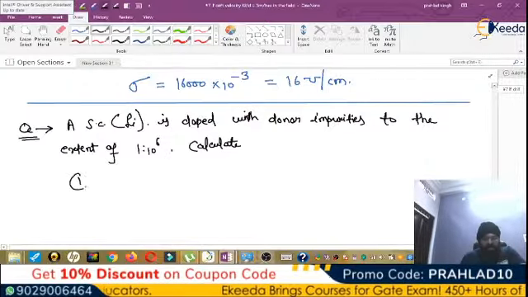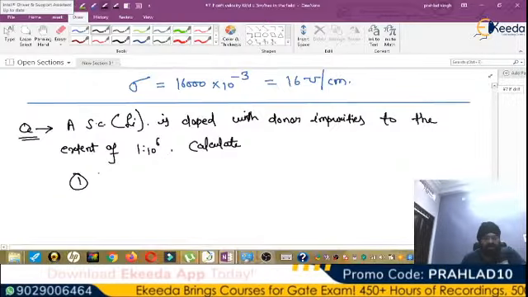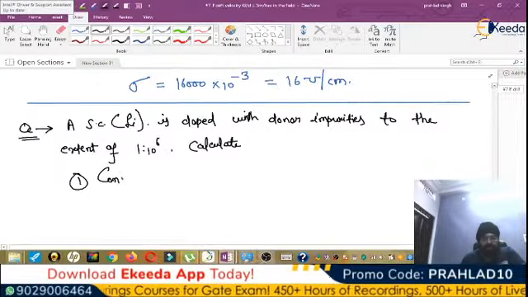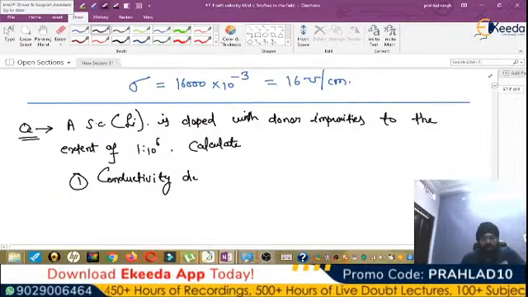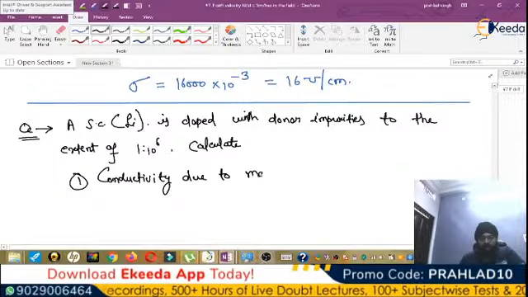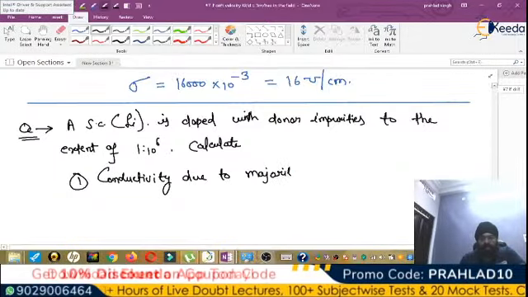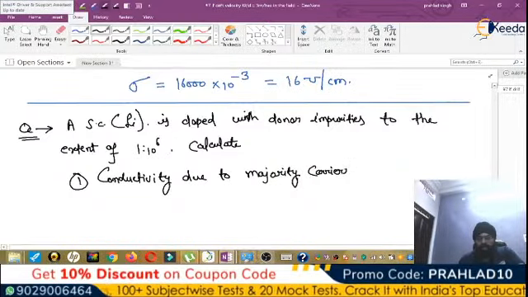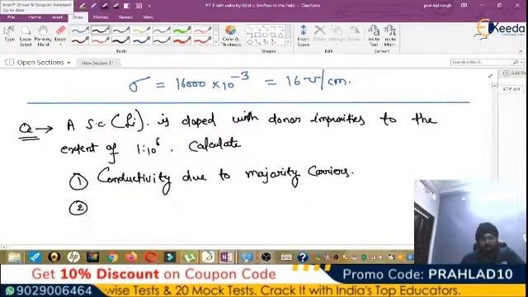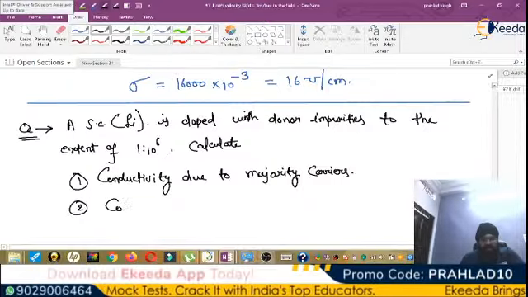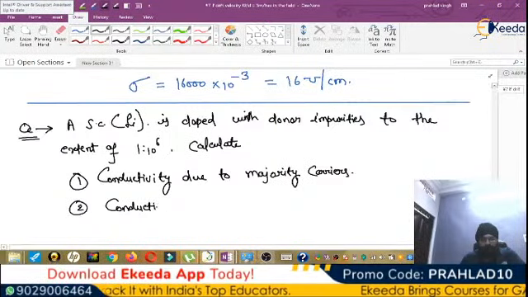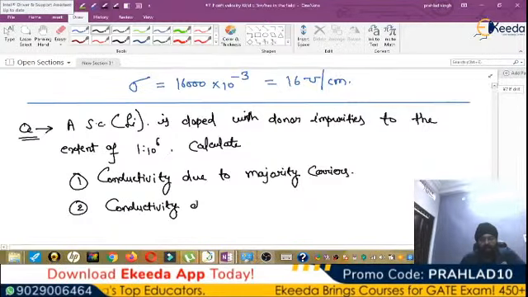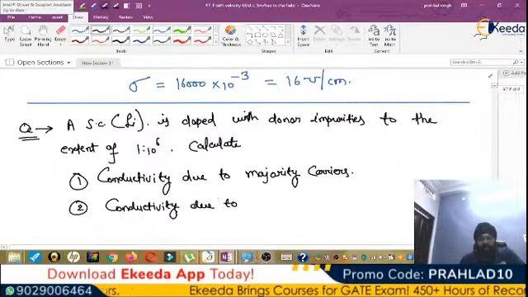Then calculate, the first point, the conductivity due to majority carriers; the second point, the conductivity due to minority carriers.